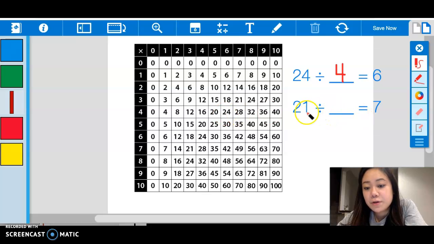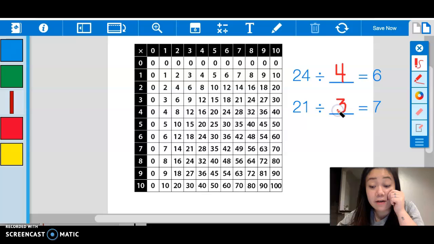Let's try this one. 21 divided by something equals 7. How can I use this table here to help me find the answer? Well, I know it needs to go by 7, so I'm going to find 7 and go all the way till I find 21. Right here. Where does it meet? 7 times what gives me 21? If I go over, it gives me 3.